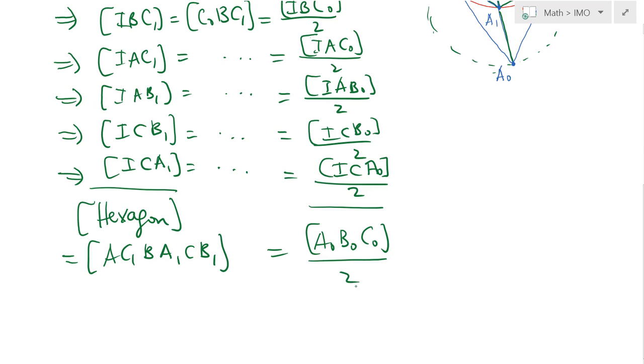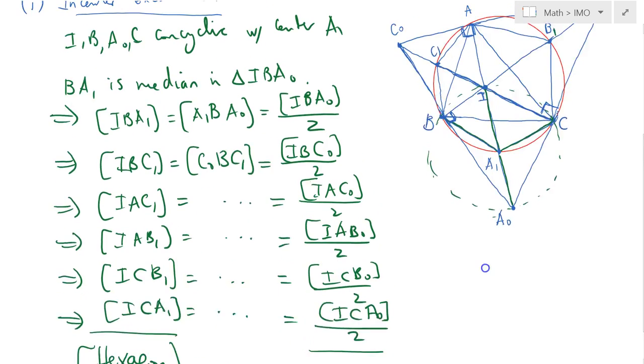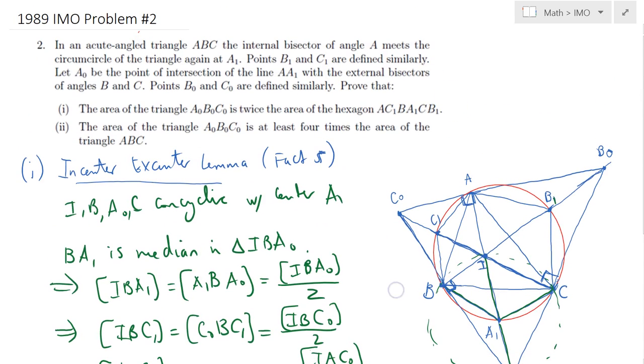But then I can now simply multiply both sides by 2, and I easily get the first result.